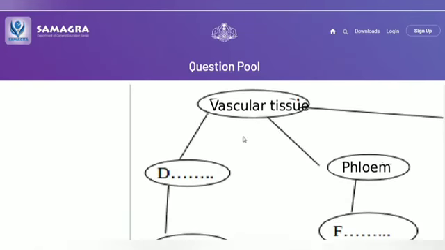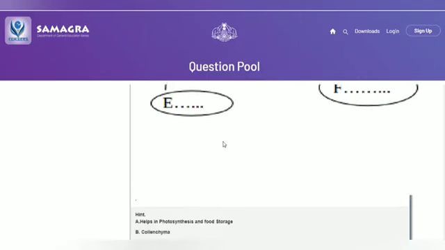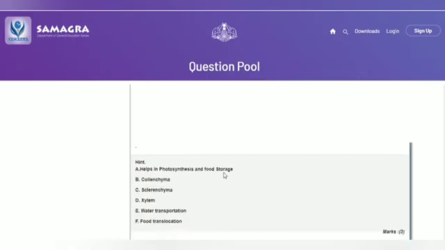Complete the following illustration suitably. Here vascular tissue is given, and in one part we have to fill it. It helps in photosynthesis and food storage.